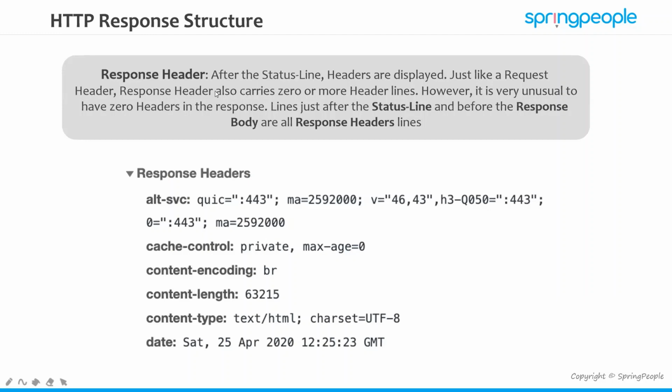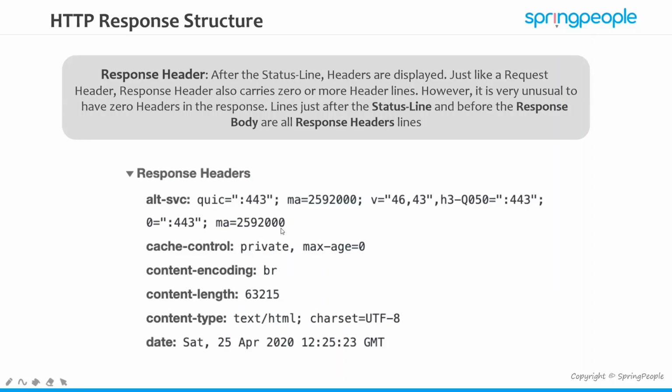Response headers. After the status line, headers are displayed just like request headers. A response also carries zero or more header lines, however it is very unusual to have zero headers in a response. The lines just after the status line and before the response body are the response headers. When we send a request to the server, informational data is sent in headers.